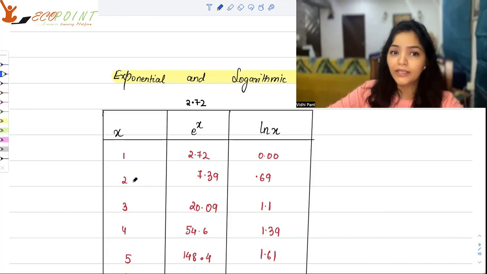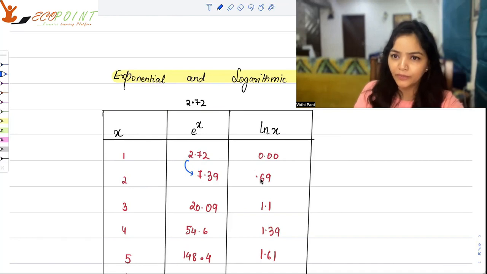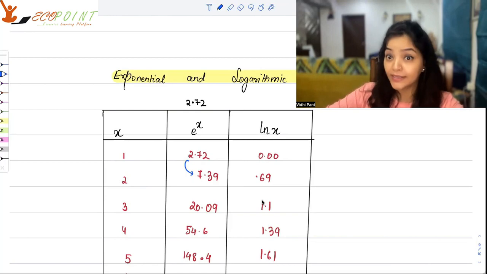When x is equal to 2, you take the power 2 of 2.72, you will get 7.39. Do you see the kind of jump we have here in this exponential growth? Log of 2, on the other hand, is 0.69, a very slow growth. Just a minute change from 0 to 0.69. Still, there is a change.